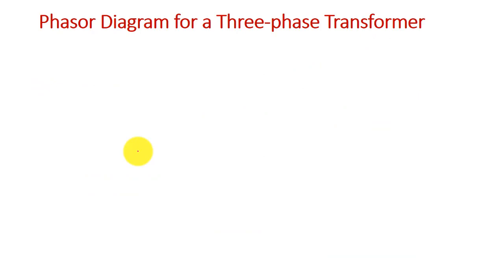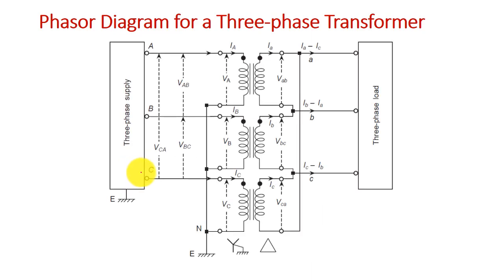So let us see the phasor diagram for a three-phase transformer. Already we know the three-phase transformer can be three single-phase transformers connected together in different fashions, or it can be a single three-phase transformer in which all the three cores and three windings are installed inside a single unit.